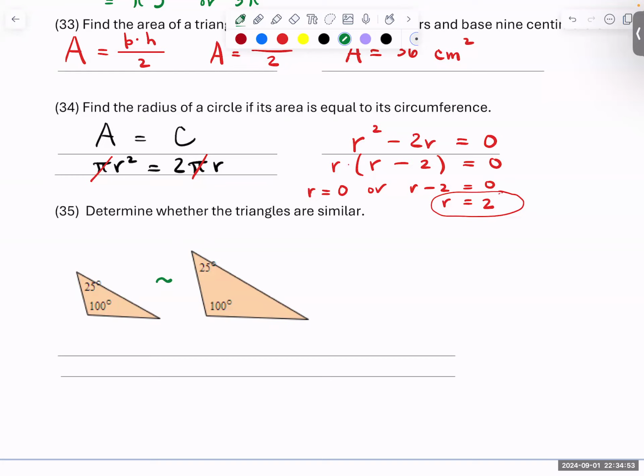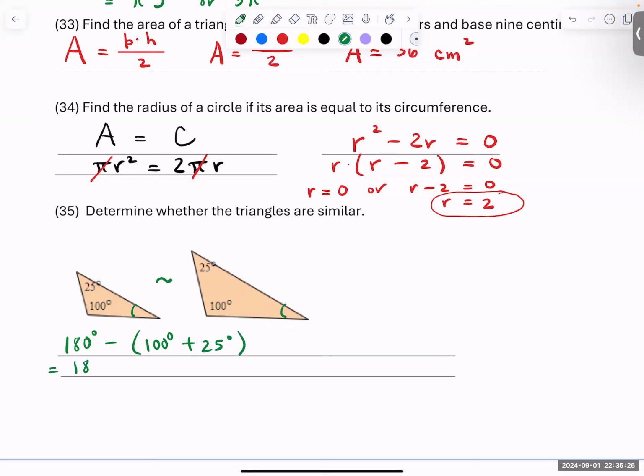So the missing angle can be found since in a triangle, all three interior angles add up to 180 degrees. So 25 plus 100 subtracted from 180 will allow us to figure out the missing angle.